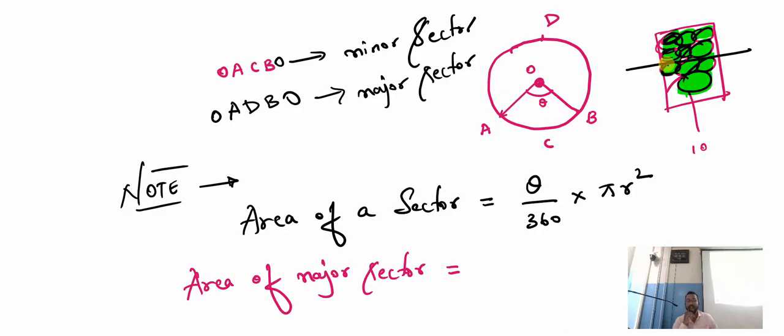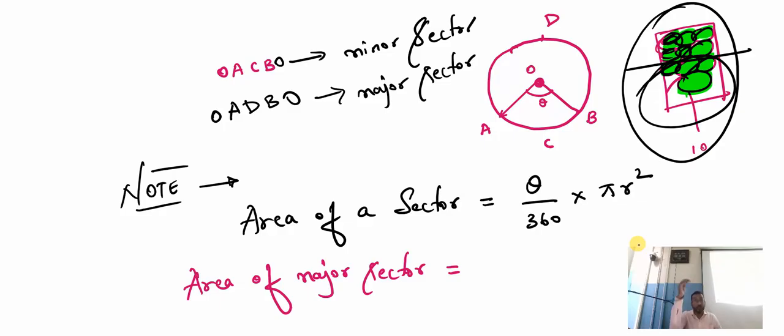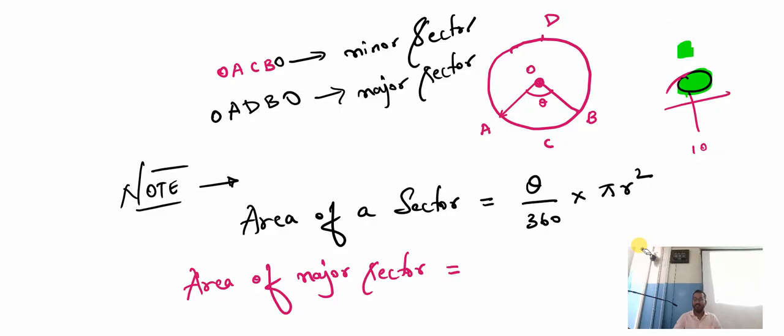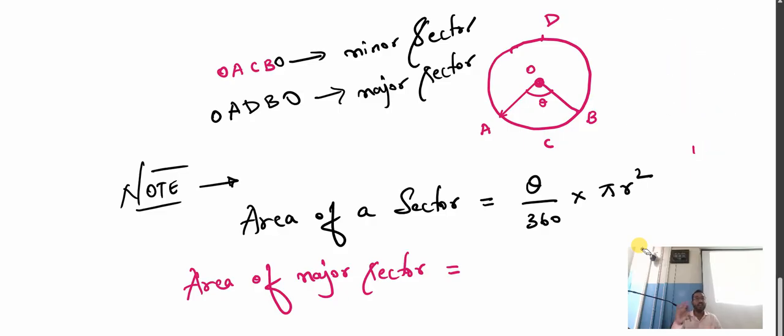It is 6. Totally we have 10 chocolates; in 10, remove 4, remaining is 6. Here also we are finding the area of the major sector like that only.